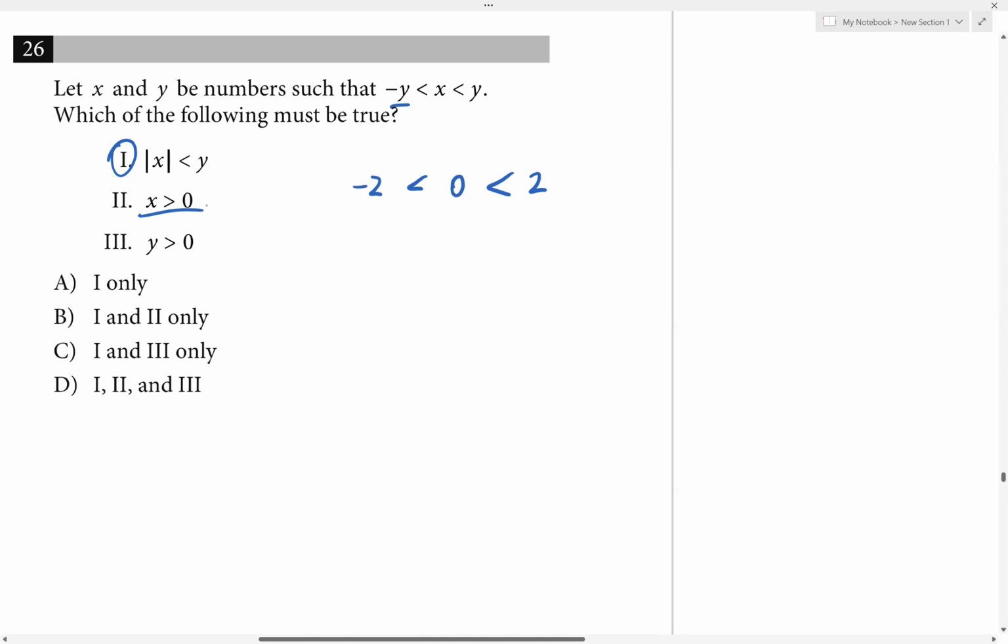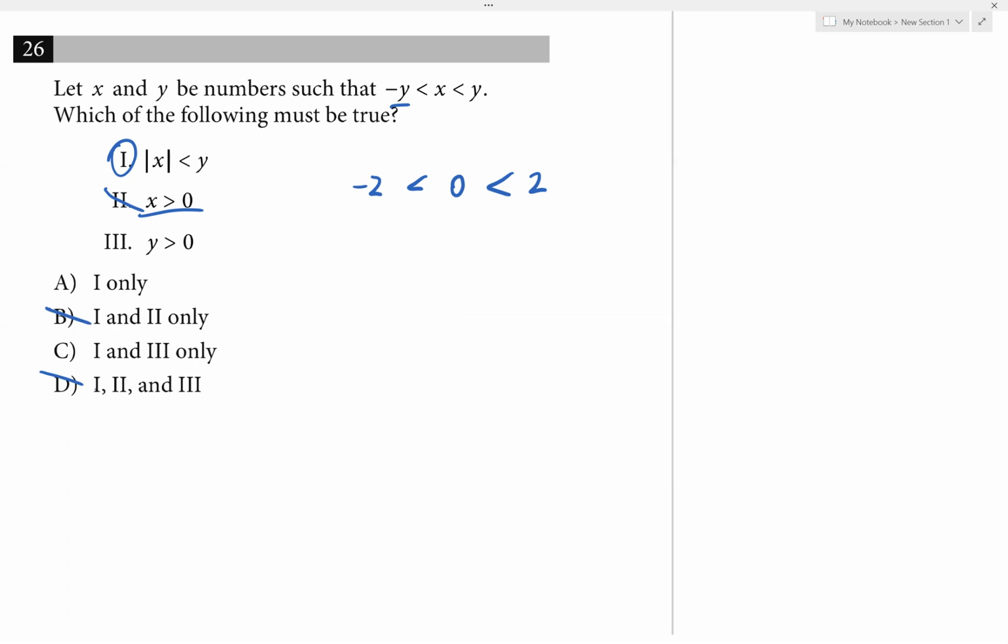There's nothing limiting the x value. So statement 2 is wrong, because we can find one example where statement 2 is not true. We can eliminate the whole thing. Anything with statement 2 in the answer choices, we can also eliminate. So now we're down to A or C.